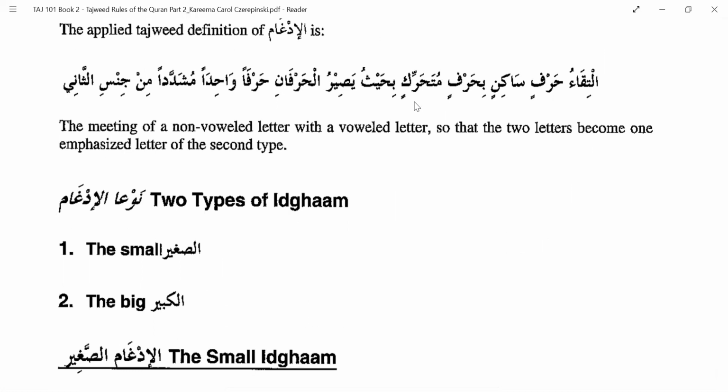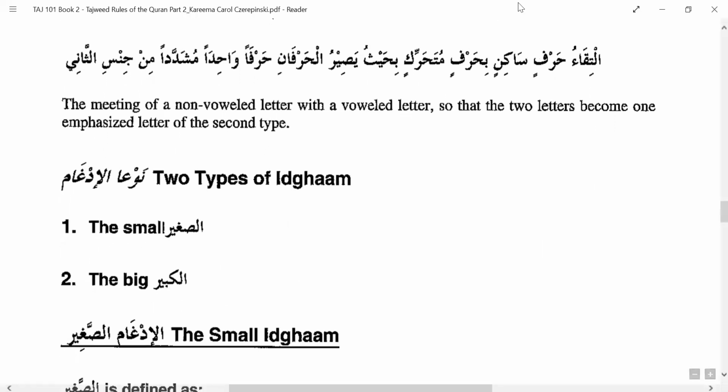That is the meeting of a non-vowel letter, a letter that doesn't have a haraka, so it will be a sukun letter, sakin letter, with a letter with a haraka, a vowel letter. Now these two letters will become one emphasized letter of the second type. So when you recite, you will not hear the first one which is with a sukun, that will go away, and the second one is what will get emphasized.